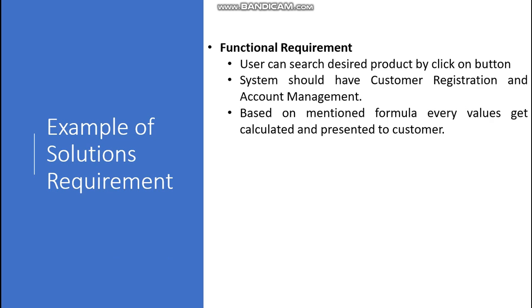The system should have customer registration and account management. It is an expected activity of the system, so it is a functional requirement. Based on the mentioned formula, every value gets calculated. It is an activity performed by the system or the users, so it is a functional requirement.